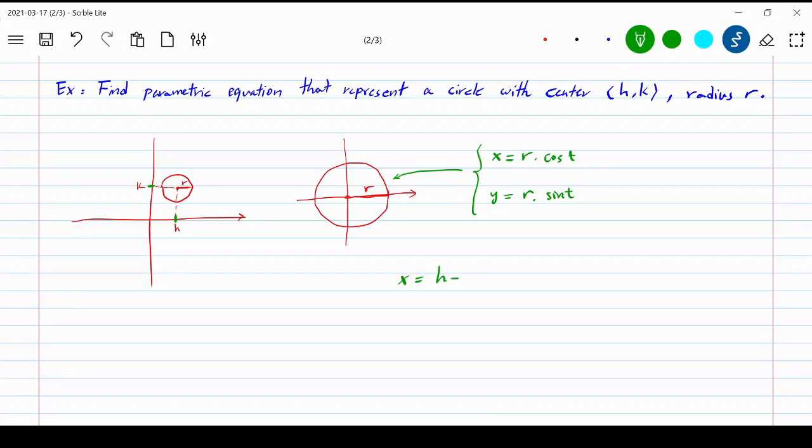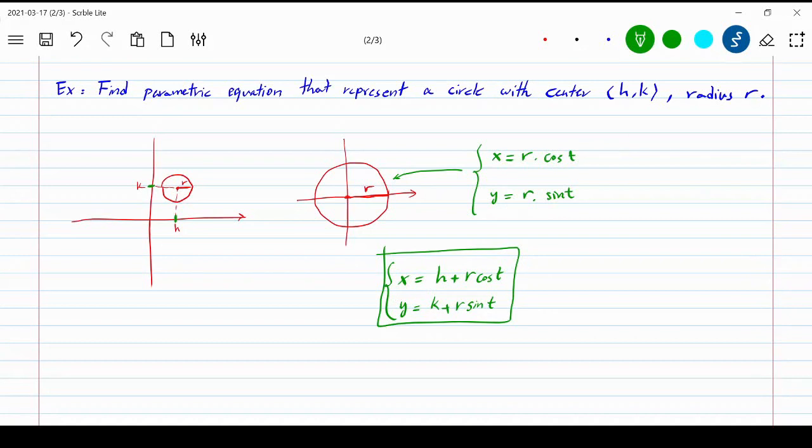It would be x equals h plus r cosine t, and y equals k plus r sine t. So this is the general form of a circle with the center h, k, and radius r.